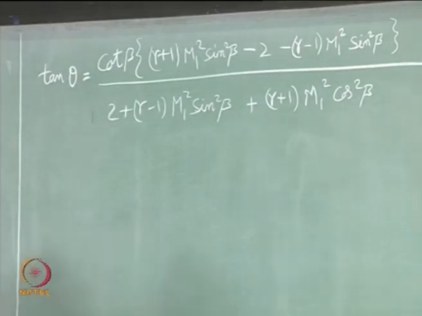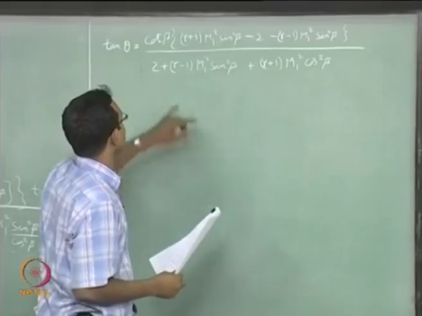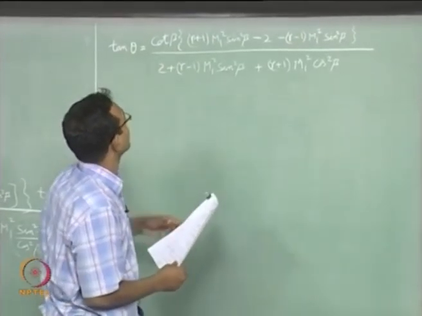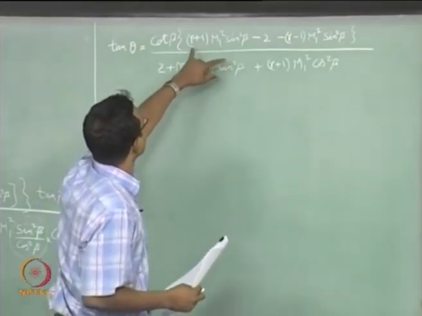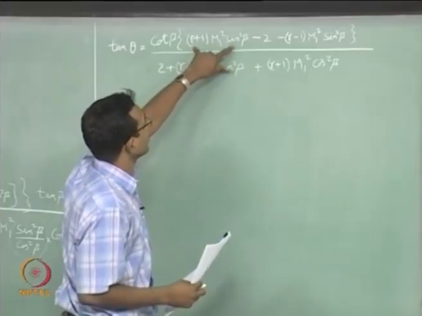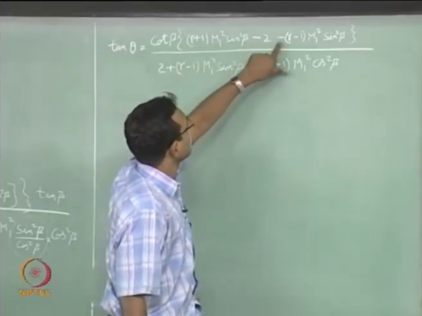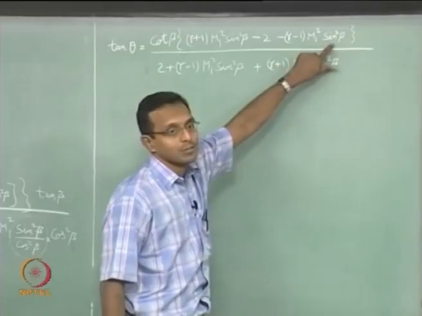Now, this is what I have. I want to simplify this expression inside this flower bracket. If I look at this, there is a gamma M1 square sin square beta, and here there is a minus gamma M1 square sin square beta.